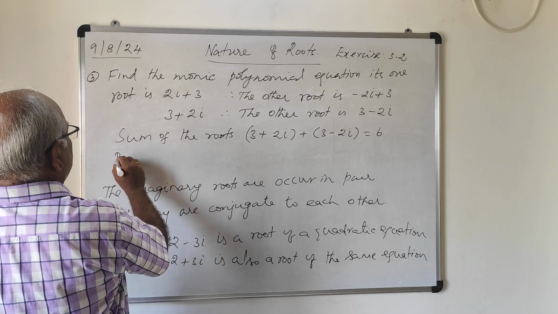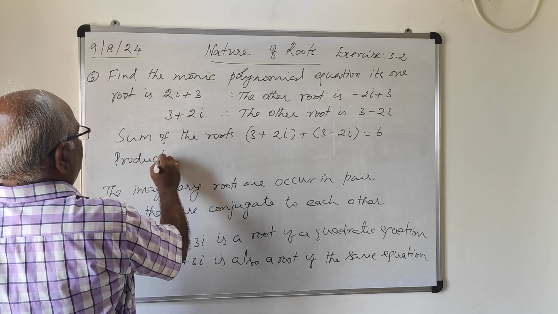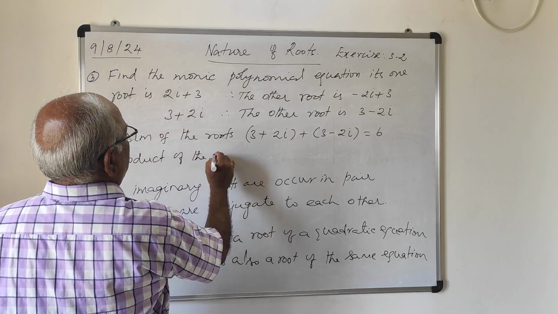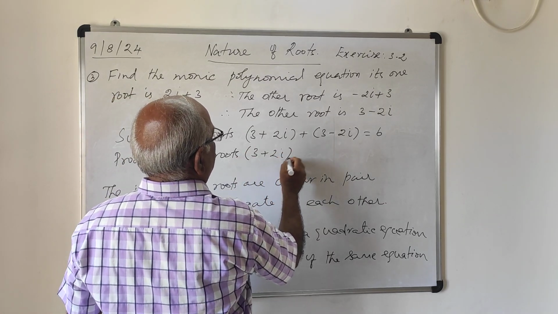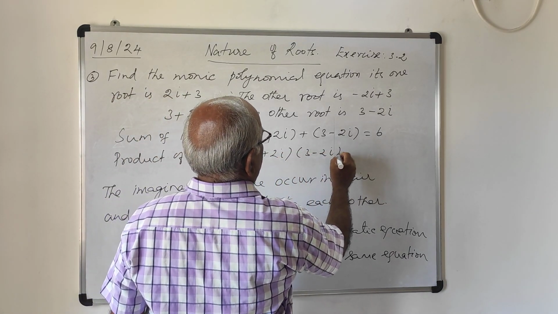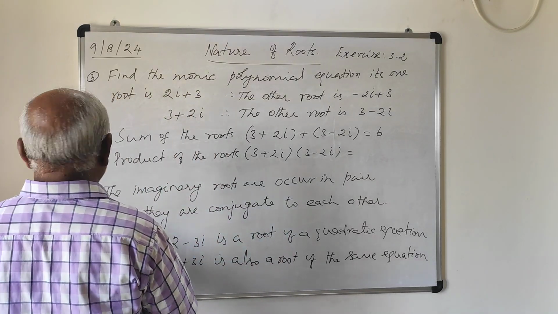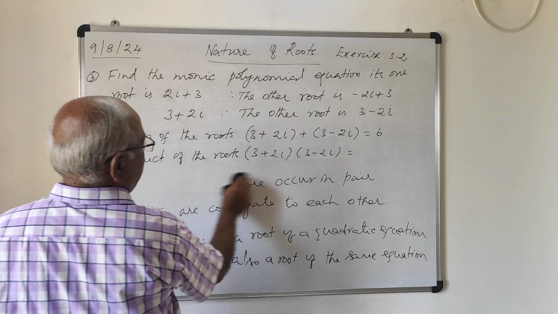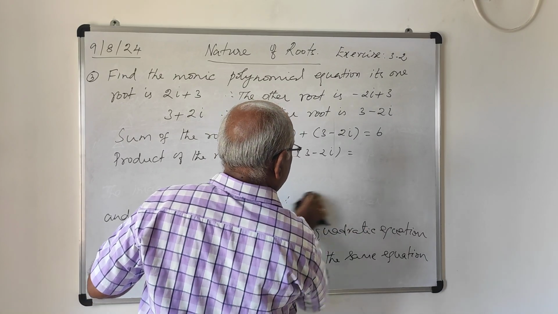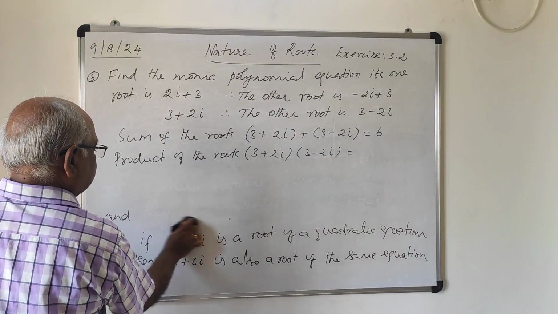Now the product of the roots. Product of the roots is 3 plus 2i into 3 minus 2i. So a plus ib into a minus ib, you know from algebra, is a square minus b square.